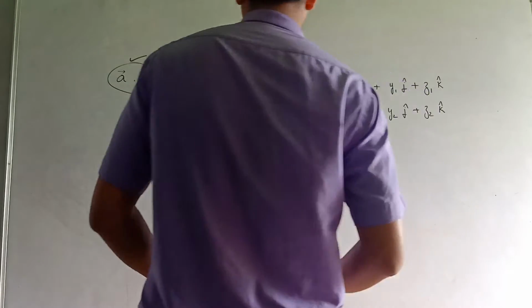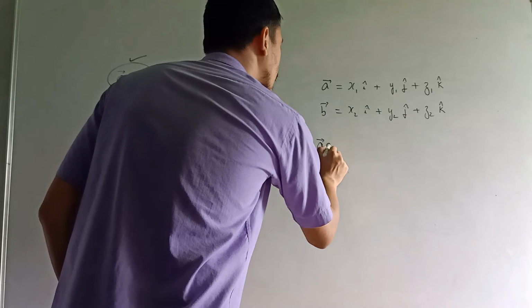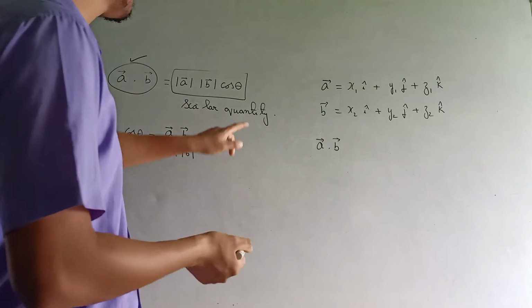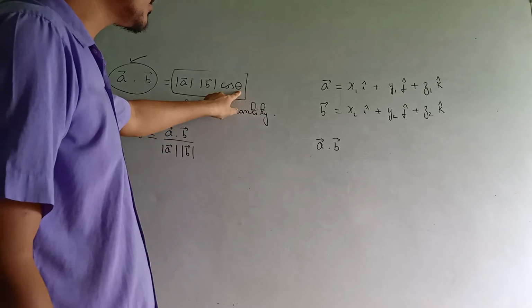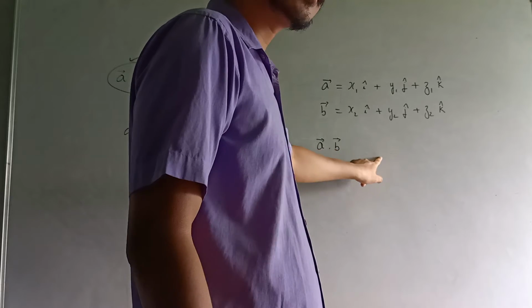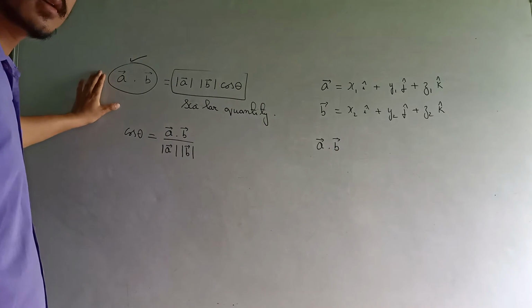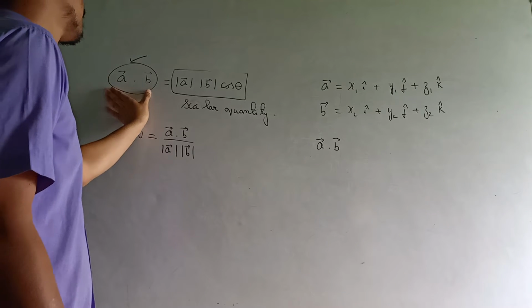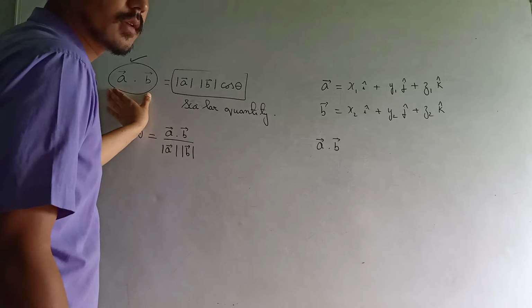If you are asked to find the dot product of these two vectors, then without knowing angle theta you cannot find their dot product, according to the definition.